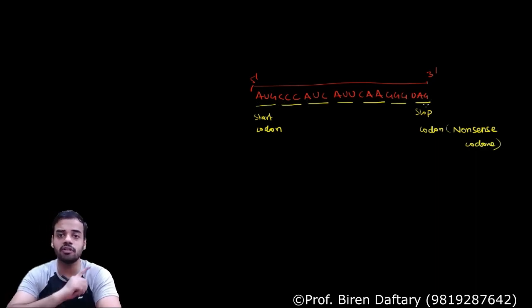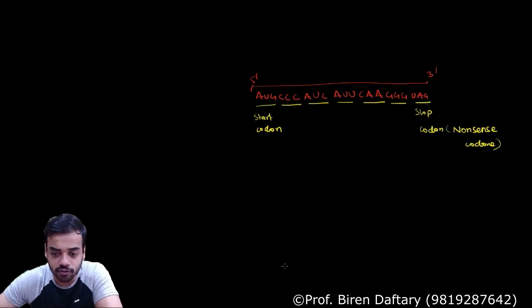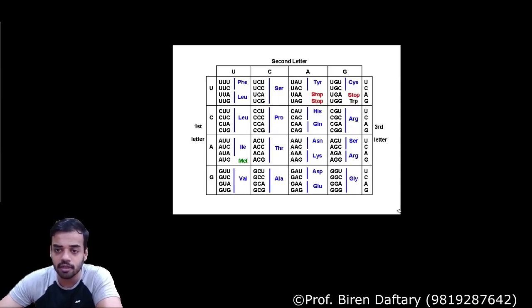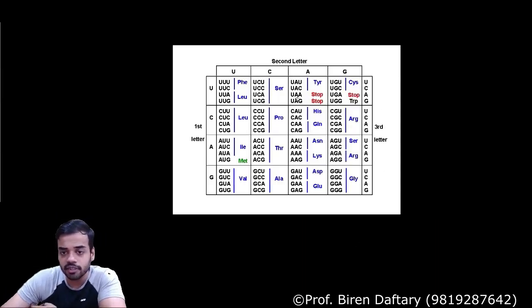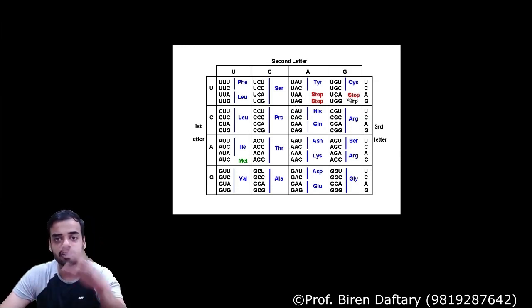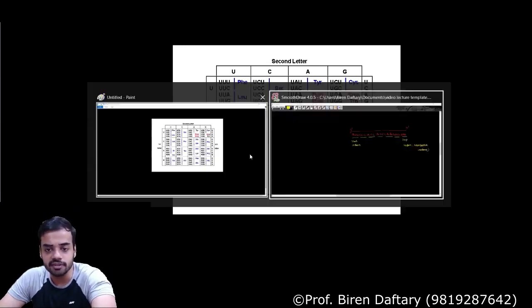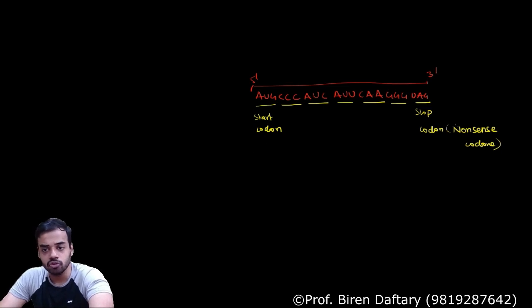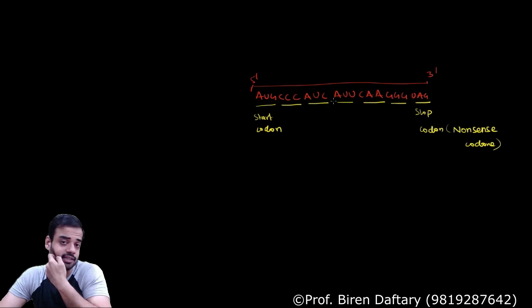So any stop codon doesn't code for amino acid. So if you see the diagram over here, this table, so you can see UAA, UAG and UGA, there is stop written. So that is not the name of amino acid. They are stop codons. They will not form any amino acid. Whereas AUG will code for methionine. Is this clear? Okay. So this is basically the sequence is called as genetic code.